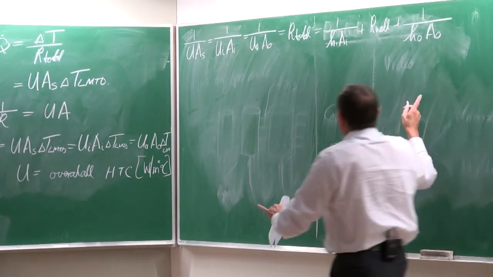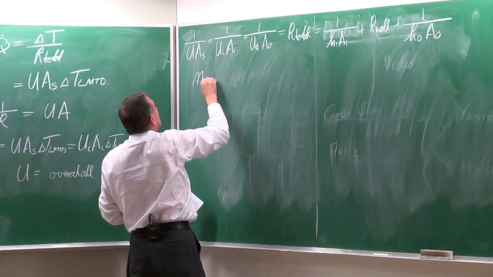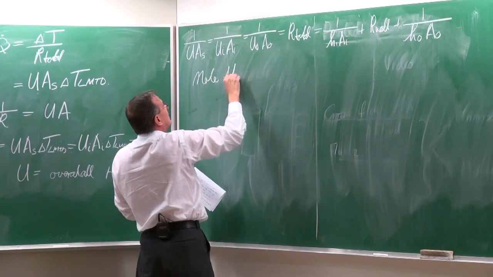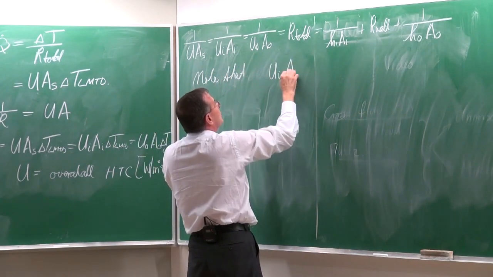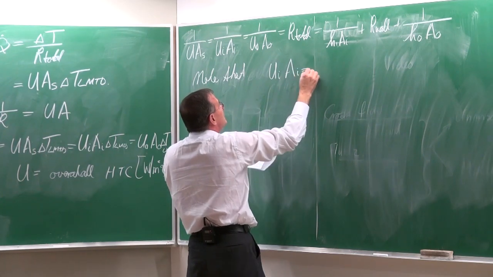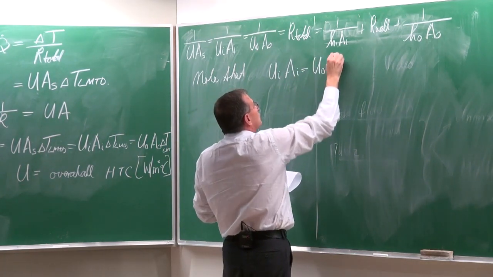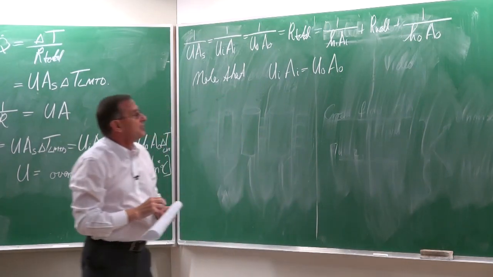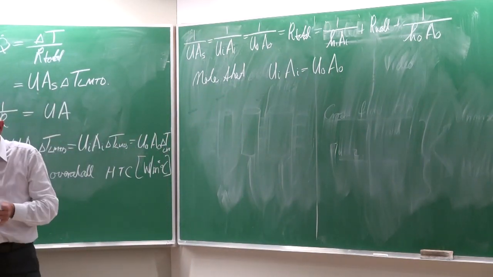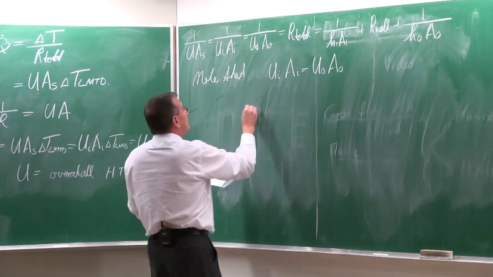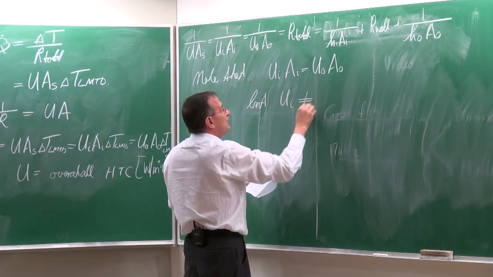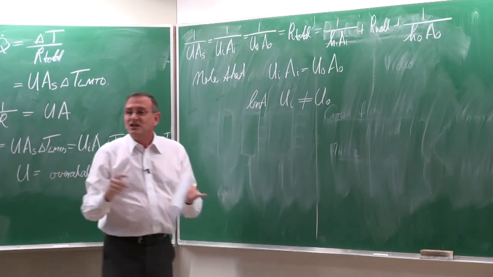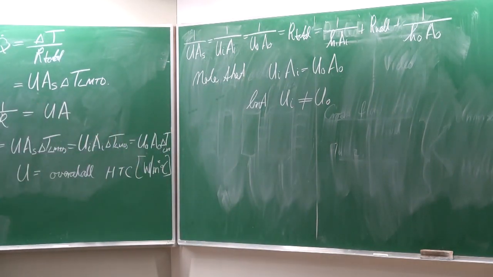Okay, so note that the overall heat transfer coefficient on the inside multiplied by the area on the inside is equal to the overall heat transfer coefficient on the outside multiplied by the area on the outside. But that doesn't mean that the heat transfer coefficient on the inside is equal to the heat transfer coefficient on the outside.